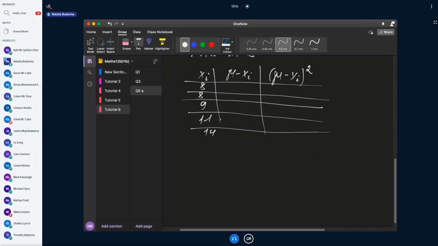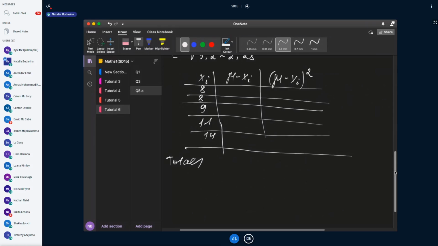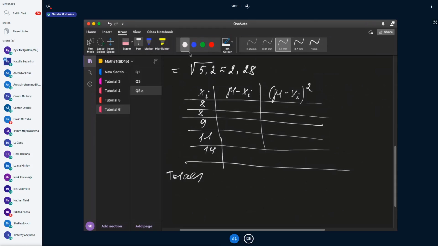Of course, if you want, it's total. Yes, total. Look, you can find from this table. Why is this table useful? Yes, because you can find mu from this table too. Look, totals here.